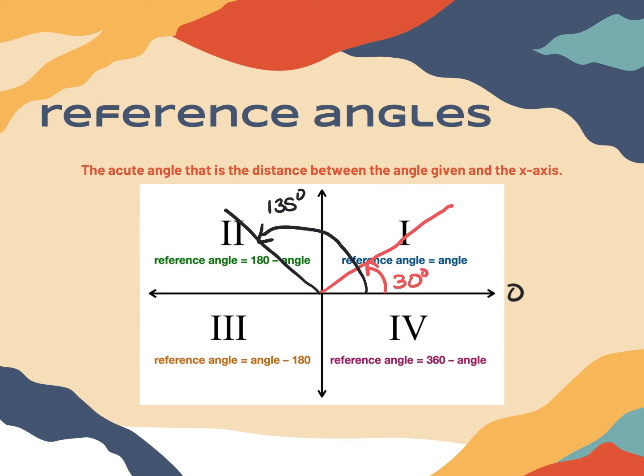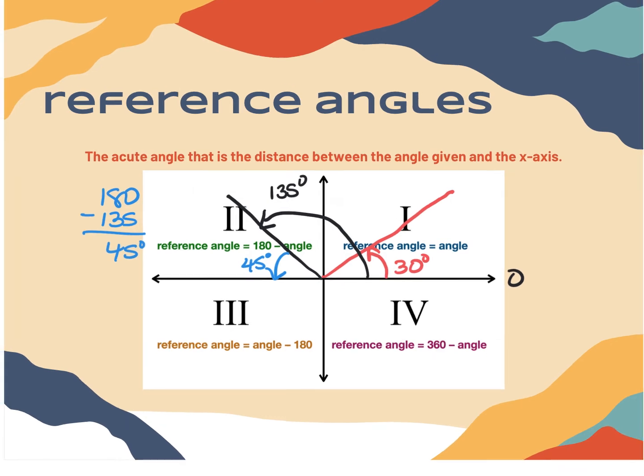I always want to find the shortest way. So the shortest way would be continuing that angle, and that would be a 45-degree reference angle. So for an angle that ends up in quadrant 2, we take 180, subtract the angle we just drew, and the reference angle is 45.